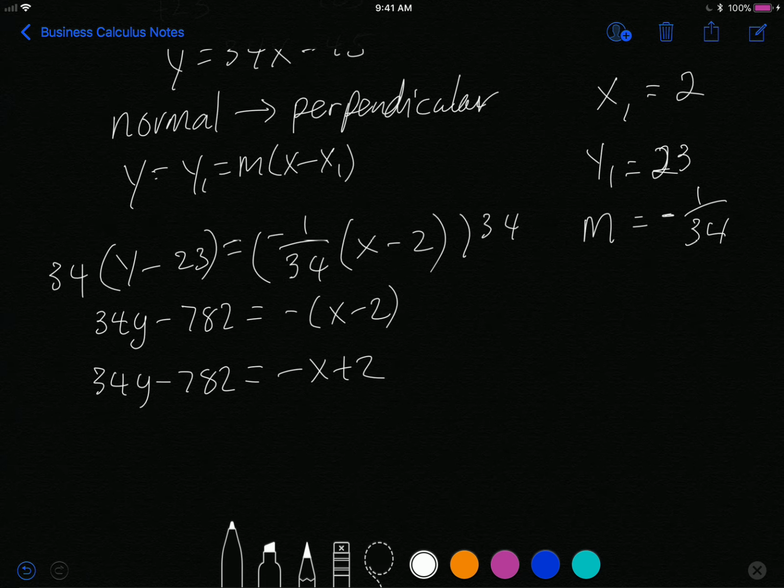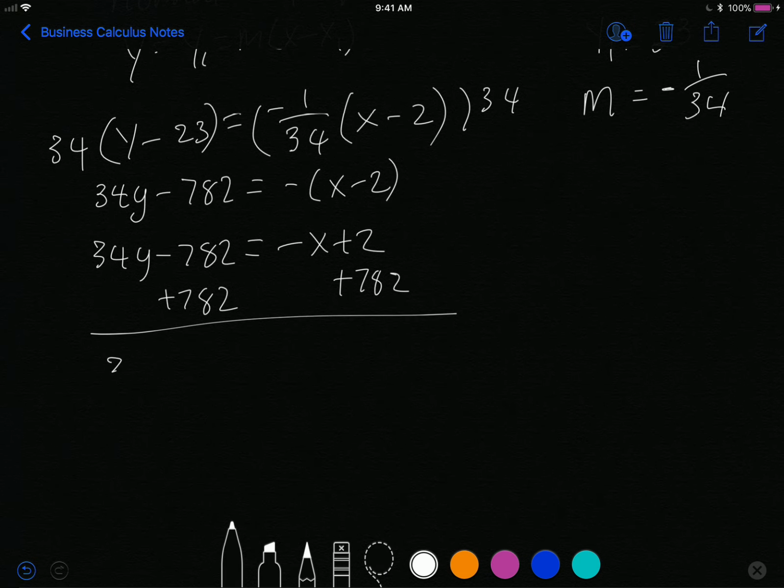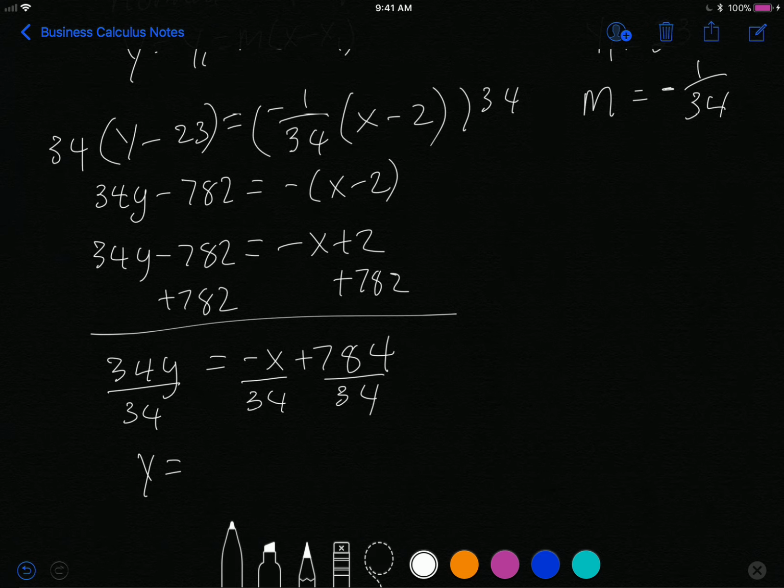And I add 782 to both sides. And so I get 34y is equal to negative x plus 784. And of course, I then divide by 34. y is equal to negative 1 over 34x.